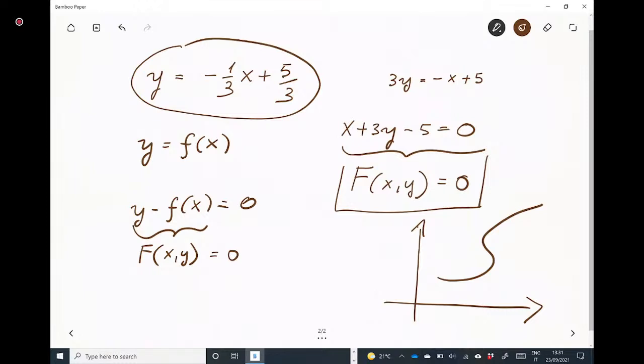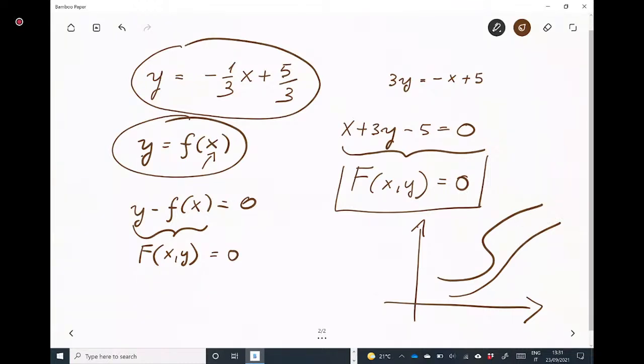Sometimes they are not functions, sometimes they are functions, most often they are functions. But if you can write a function in this way, this is of course a function, because for any value for x, you can only compute one value for y, okay? When these are functions, they are called implicit functions.